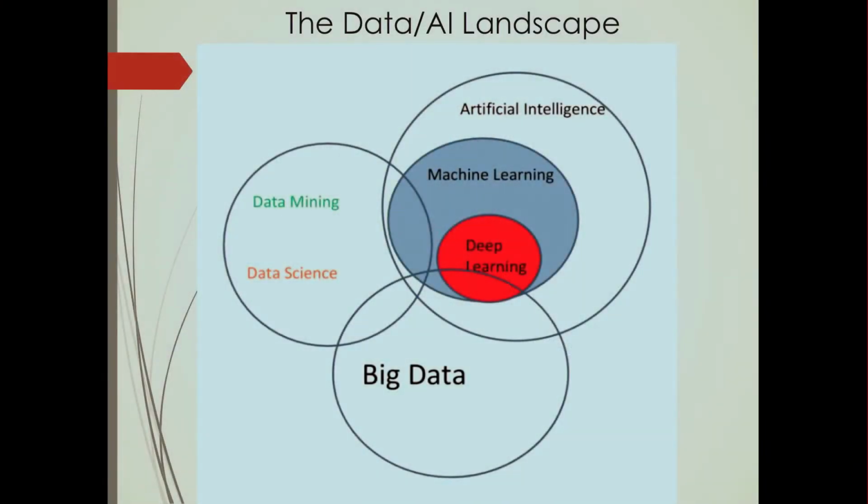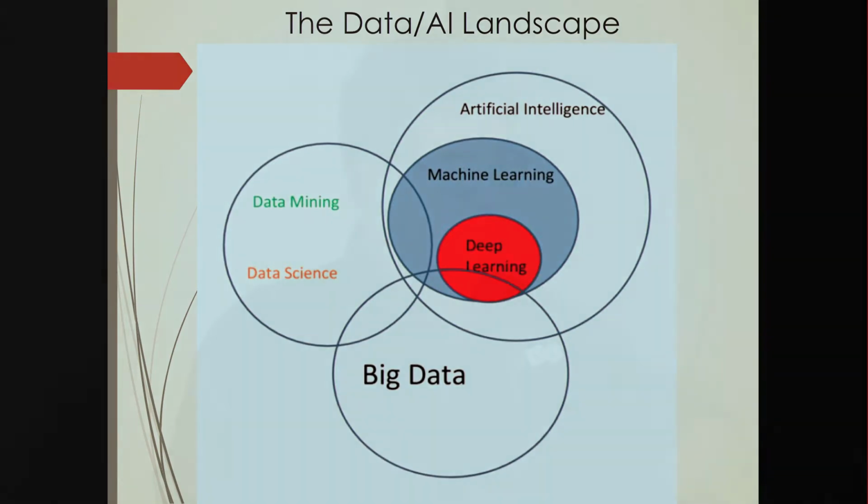Real quick, this is an overview of different technologies. You don't need to know them to do deep learning. We're going to focus on the red dot parts of that. A couple of things. One, data science does overlap with deep learning. You can do TensorFlow and Keras through R and RStudio, if you wanted to.